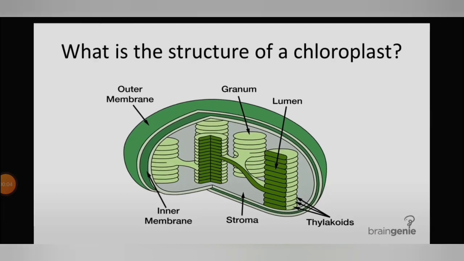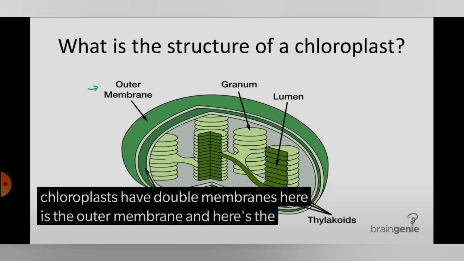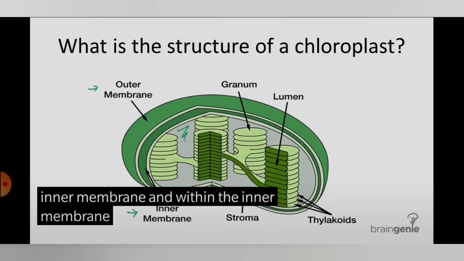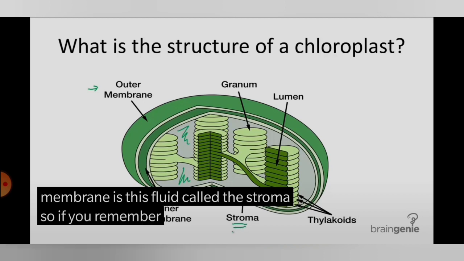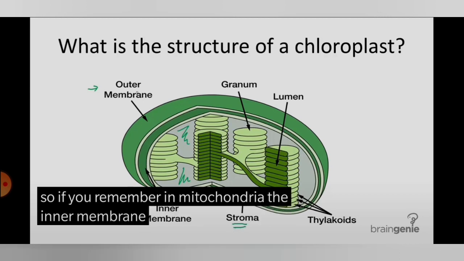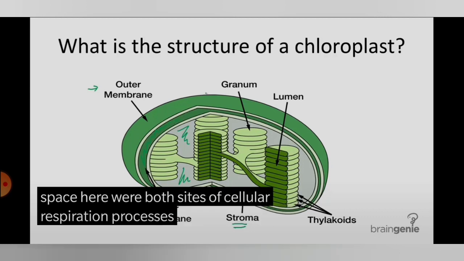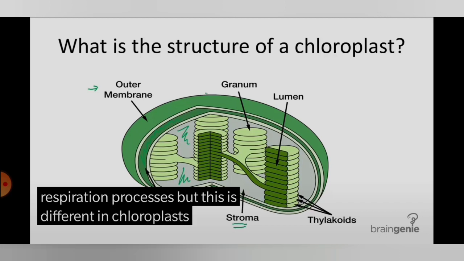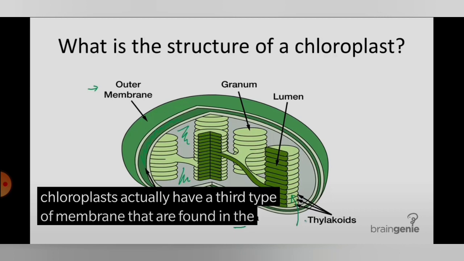Chloroplasts have double membranes. Here is the outer membrane and here is the inner membrane. Within the inner membrane is the fluid called stroma. Chloroplasts actually have a third type of membrane found in the stroma. These are layers of membrane in the stroma where the photosynthetic process occurs.